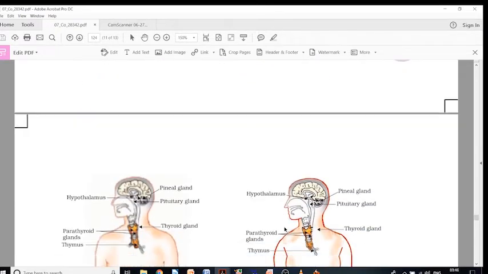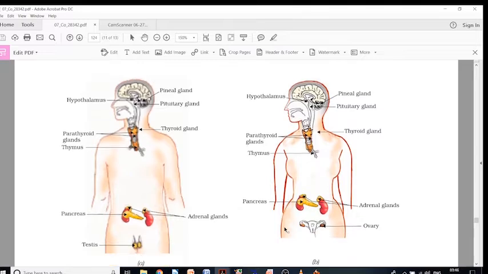Then where are the hormones present? The hormones are actually present in the different glands in our body. There are different glands which secrete different hormones, and these different glands have different functions.